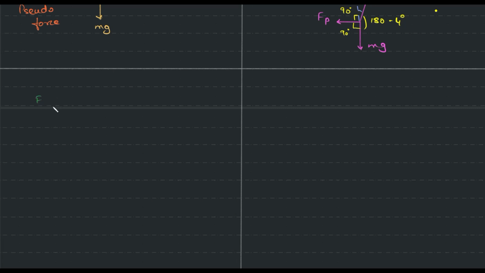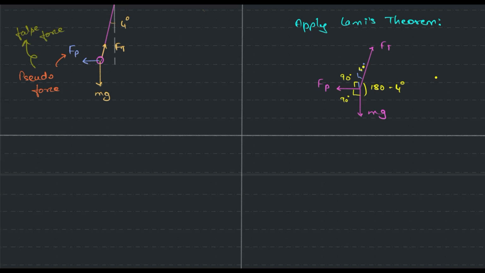So if I have to call this something, mg by sine 94 is equal to fp by sine 176 is equal to ft by sine 90 degree.